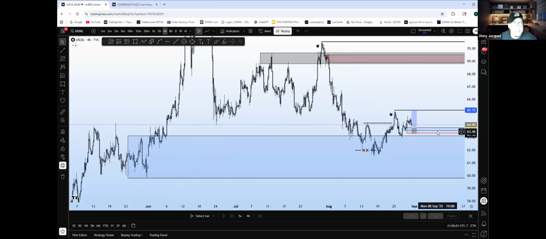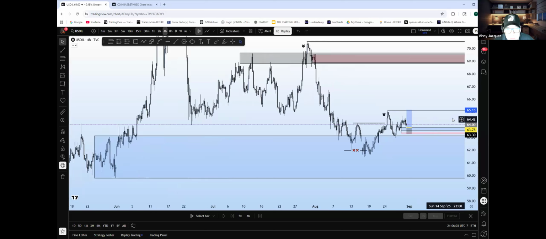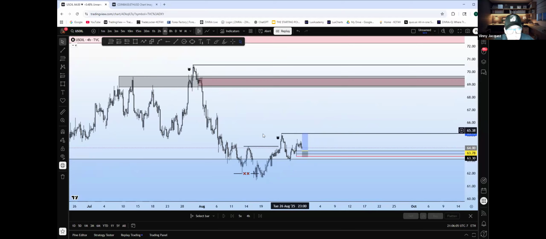I got to be real. As I'm doing top down analysis, I'm looking at this structure and I'm really favoring sales over these buys. I'm not saying these buys can't take us to our sales, right? These buys can definitely do what they do and give us some momentum and continue to make the market go higher.